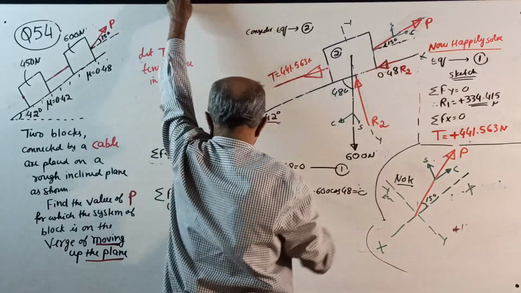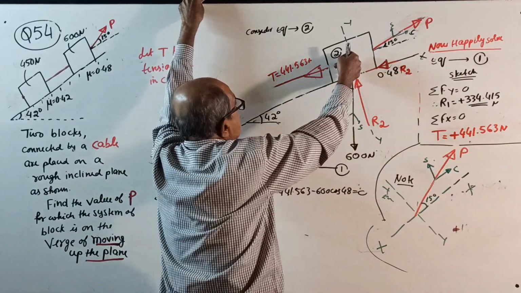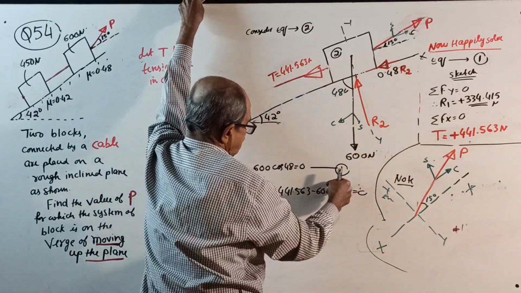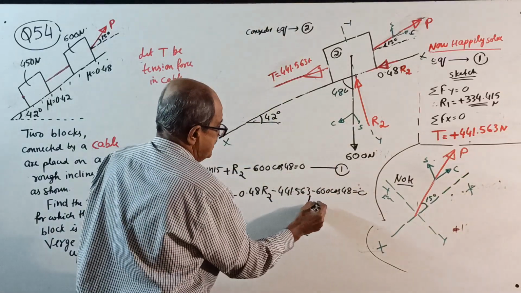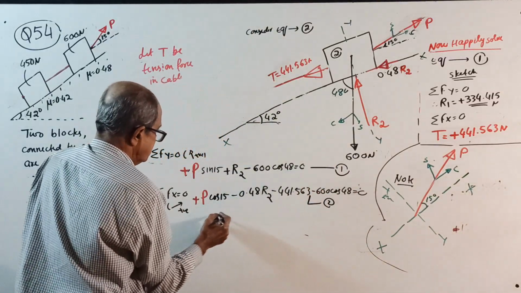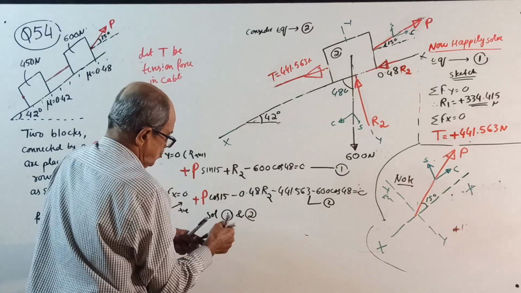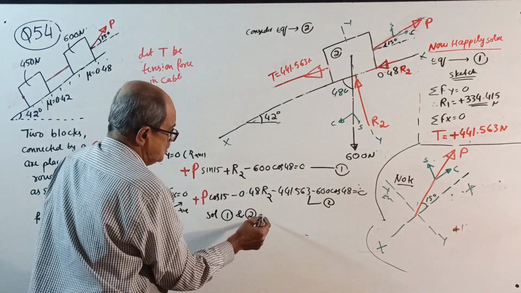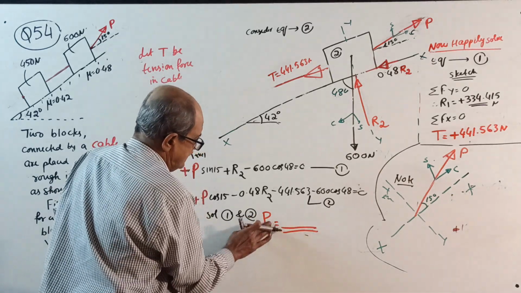Plus P cos 15 minus 0.48 R2 minus 441.563 minus 600 cos 48 equal to 0. Equation number 2. Simultaneous equations. Solving 1 and 2, you get the value of P and also R2. R2 I don't want. If you want the value of P, that's all.